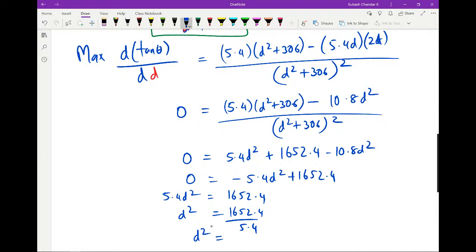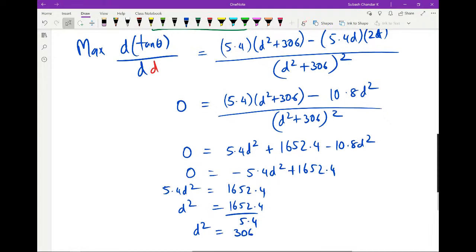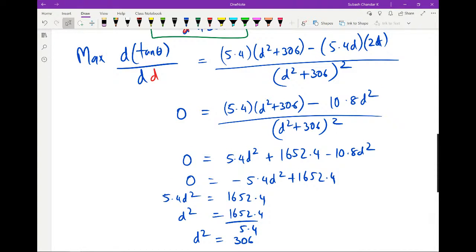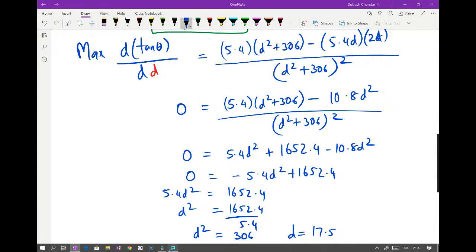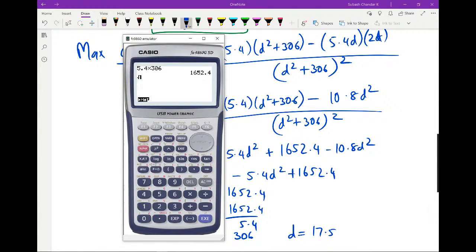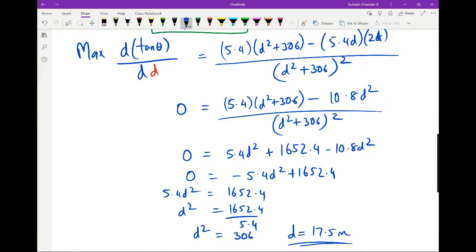So d squared is equal to 306. So finally we get there. D is equal to 17.9 something meters. 17.5. Super annoying question.